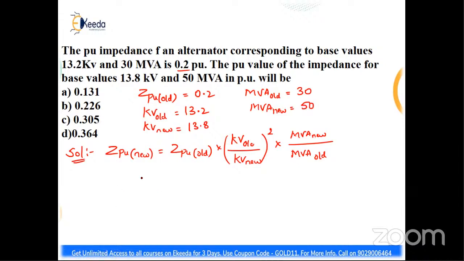So now ZPU new is equal to ZPU old, that is 0.2, into kV old 13.2 divided by 13.8 whole square, into MVA new by MVA old, that is 50 by 30.